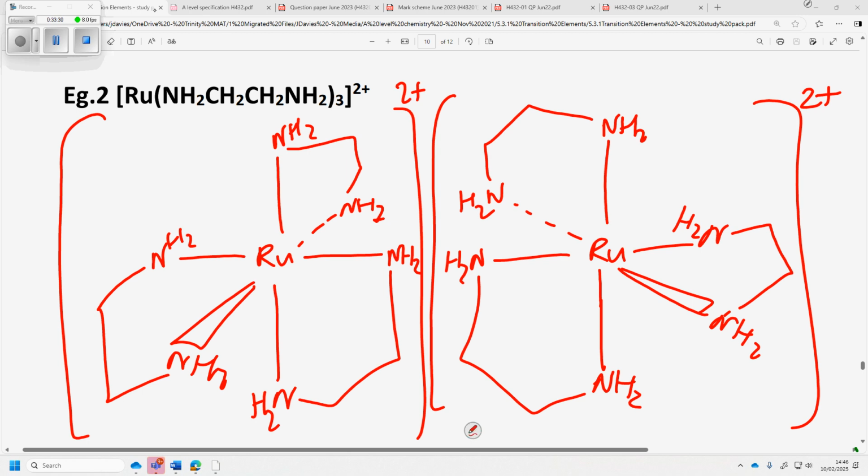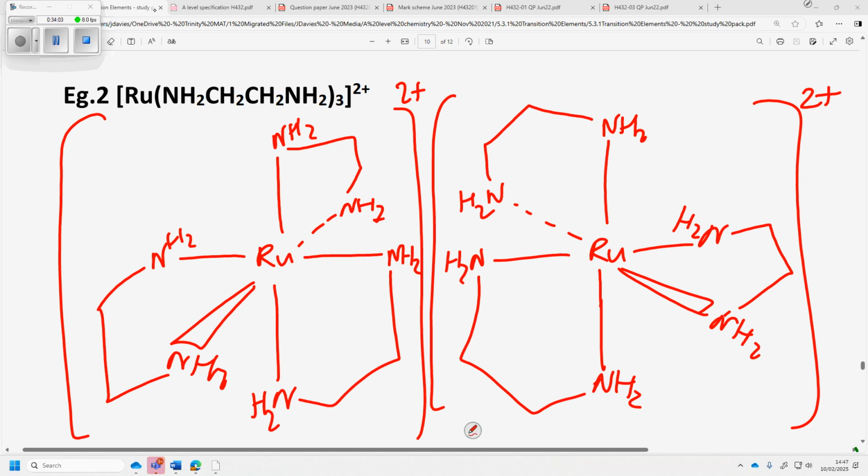So this is where it's complicated: stereoisomerism in transition metal complexes. We can have cis-trans isomerism in square planar, and cis-trans isomerism in octahedral. And that could be where all of the ligands are monodentate, or where two of the ligands are bidentate and two of the ligands are monodentate.